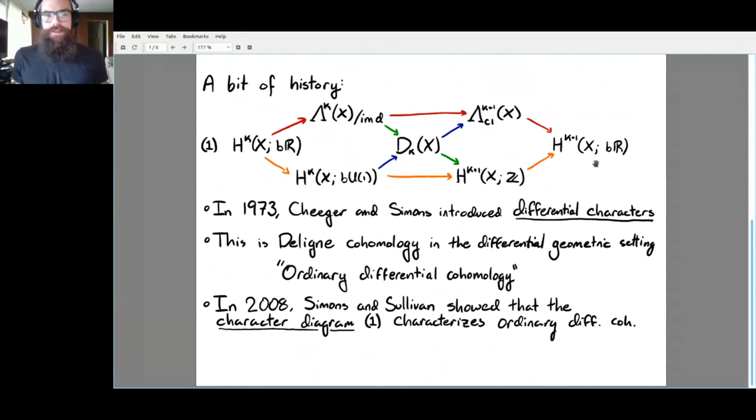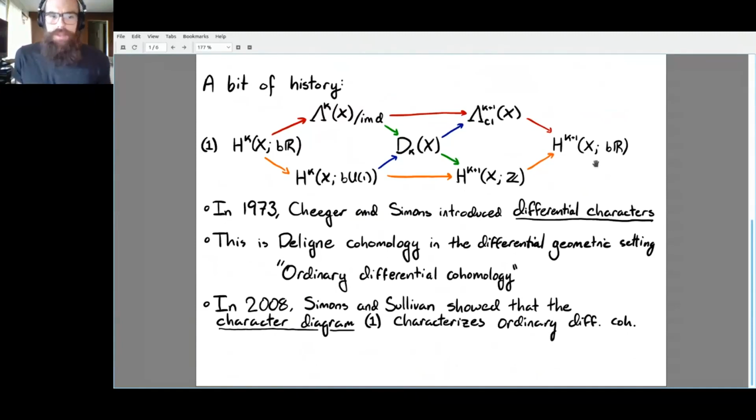And it turns out to be Deligne cohomology when interpreted in the differential geometric setting. So Deligne, around the same time, a little bit earlier, had introduced a cohomology in the complex analytic setting. And if you interpret it in the smooth category, you get the theory that Cheeger and Simons had called differential characters. And in this guise, it becomes known as ordinary differential cohomology.